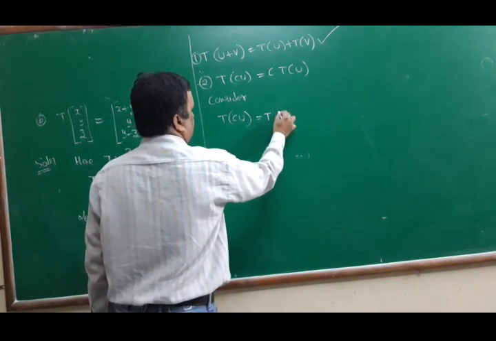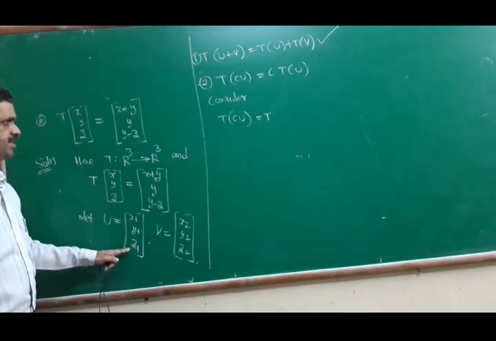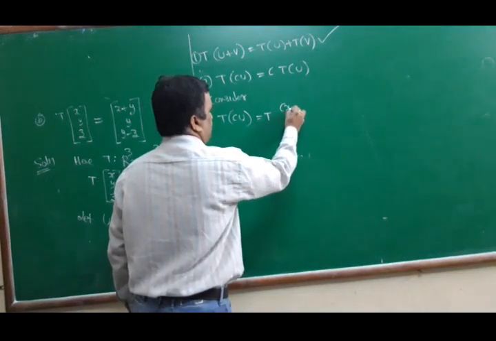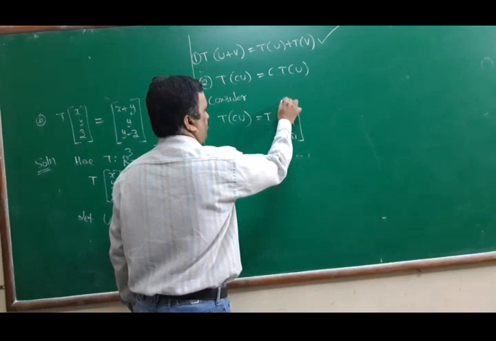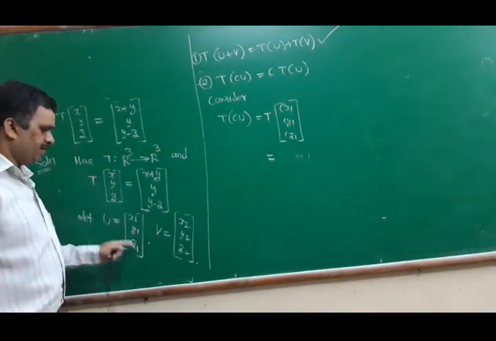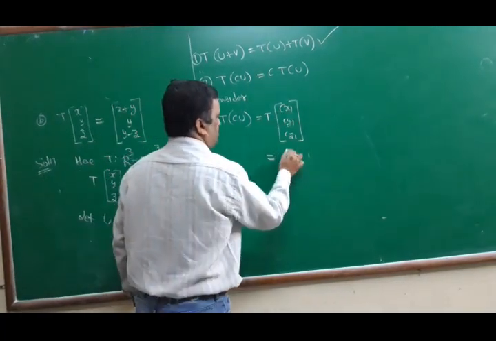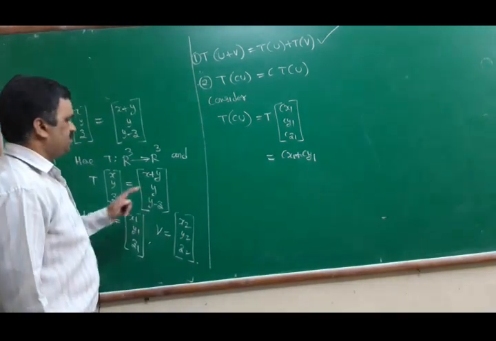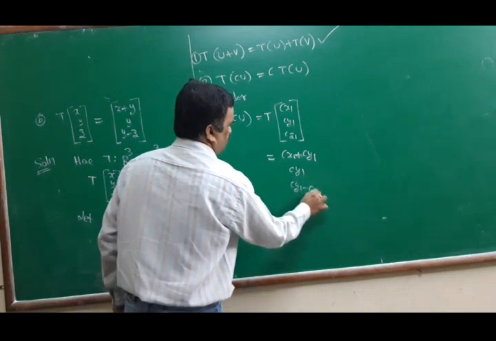We already have u equal to x1, y1, z1, so Cu is Cx1, Cy1, Cz1. Equal to, again using the property x plus y, here Cx1 plus Cy1, next Cy1, next Cy1 minus Cz1.